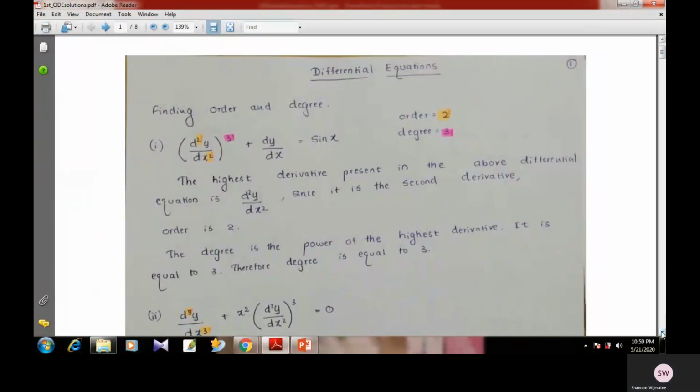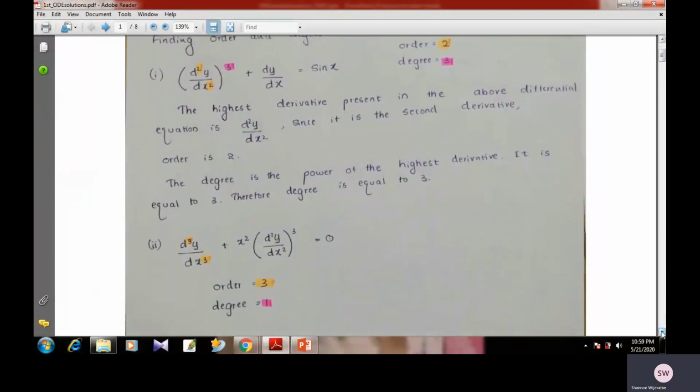Let's take another example. In this differential equation we have d3y over dx3 plus x squared (d2y over dx squared) to the power 3. So we have a third derivative term and the second derivative raised to power 3. The highest order derivative present in this equation is a third derivative.